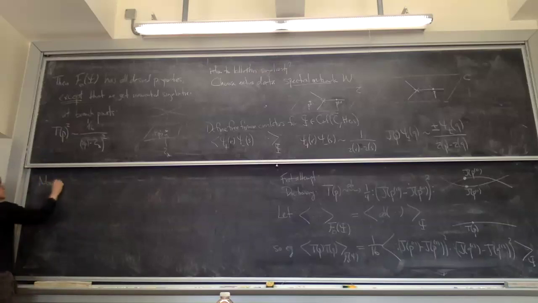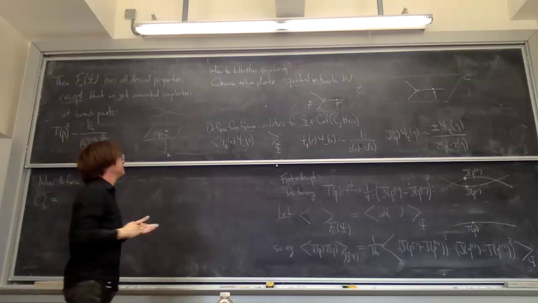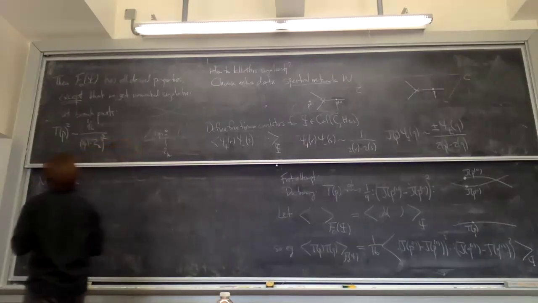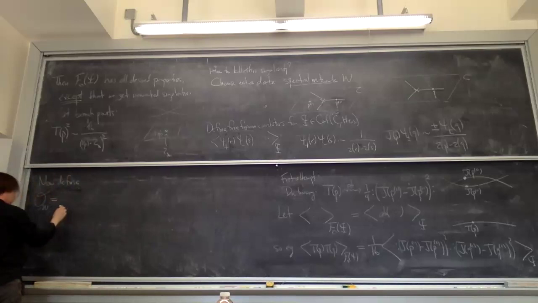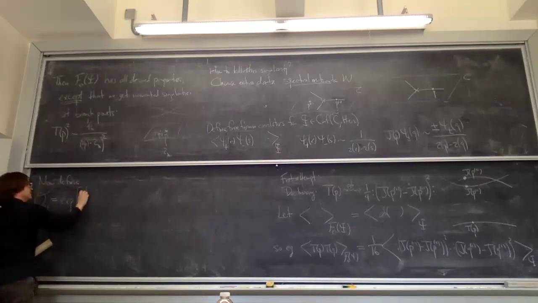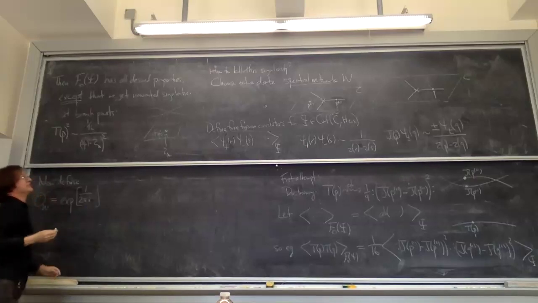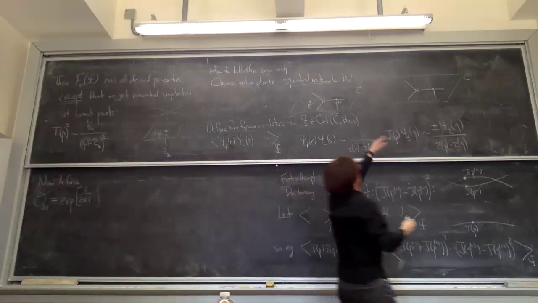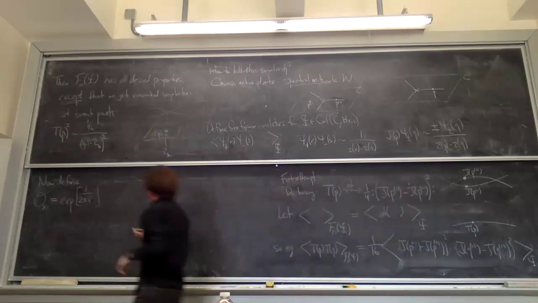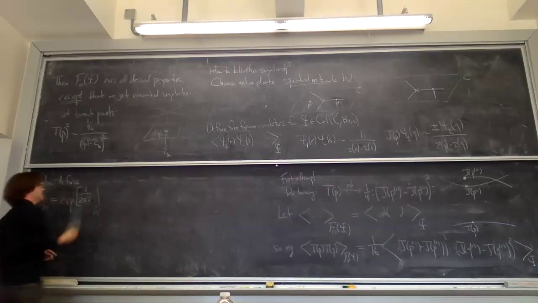So, a new operator, which we attach to the spectral network. It'll be given as the exponential of something. Here, I write the integral over all the lines of the spectral network, so an integral over these three lines.